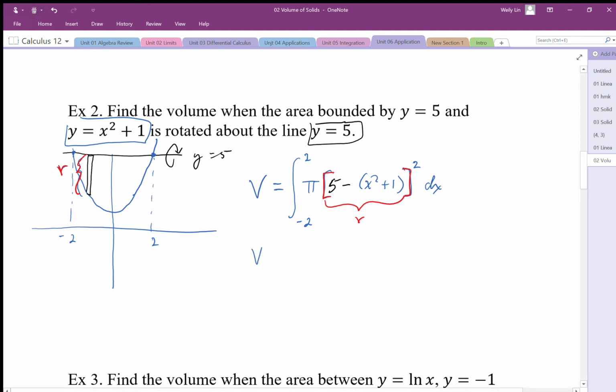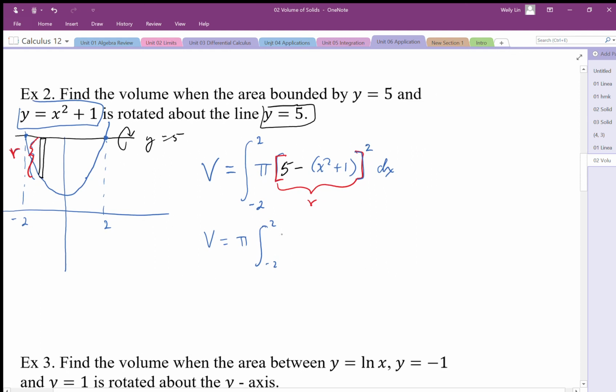So I'm going to then take my pi on the outside, from -2 to 2. I'm going to simplify this expression, so it's going to be 4 minus x squared, all squared, dx. To integrate this, it'll be much easier if I expand it.